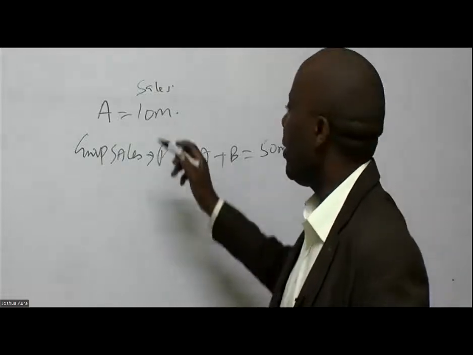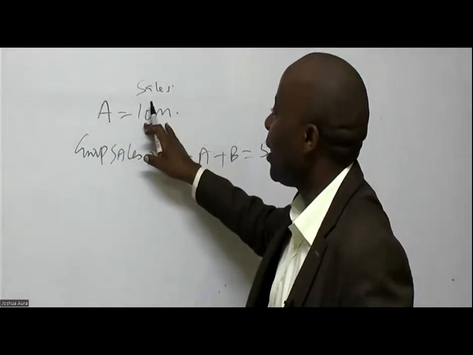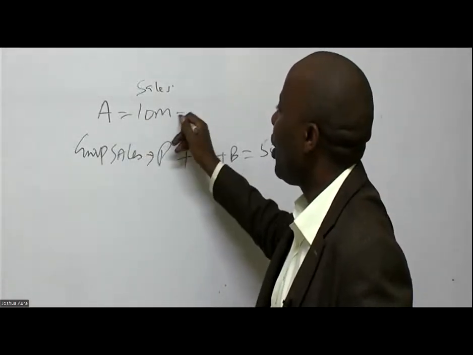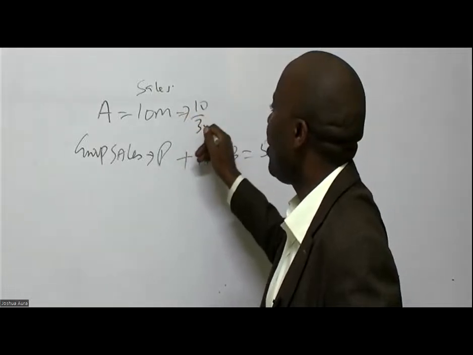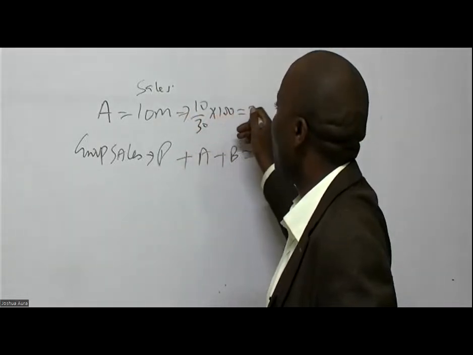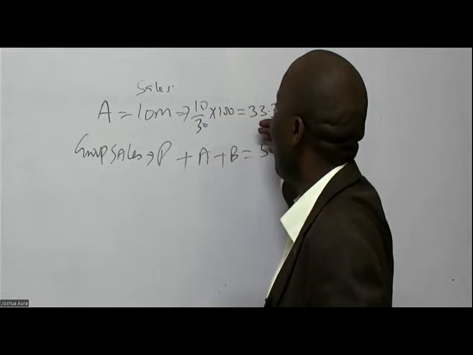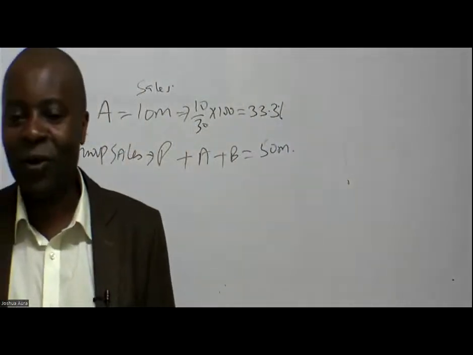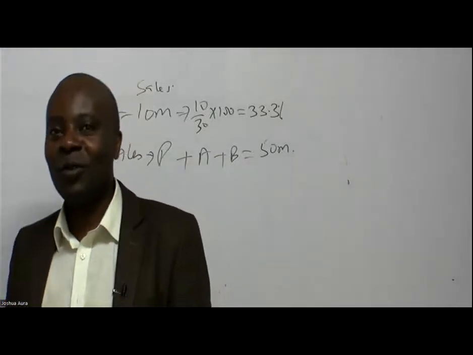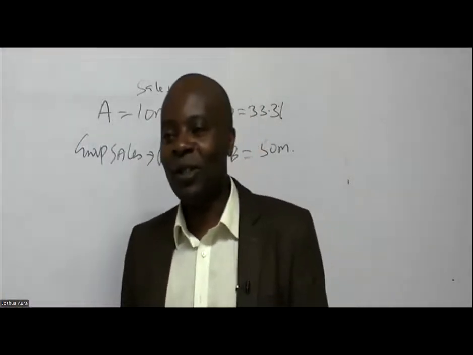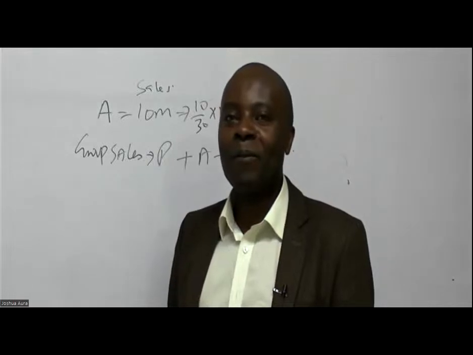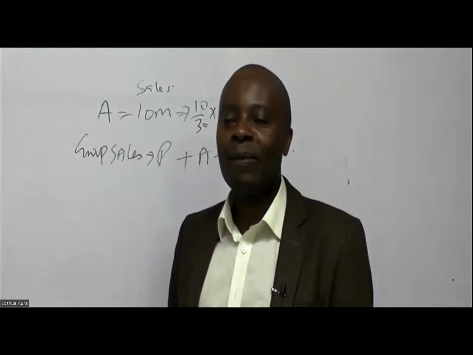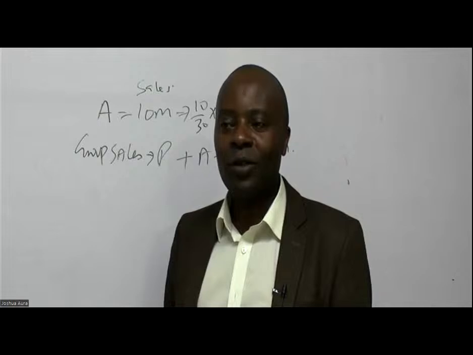Now, as a percentage, look at the A sales to the group. It will be 10 over 30 times 100, which is 33%. What do you think of A to the group?